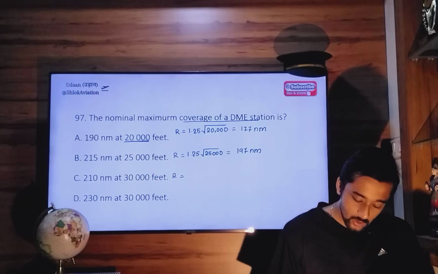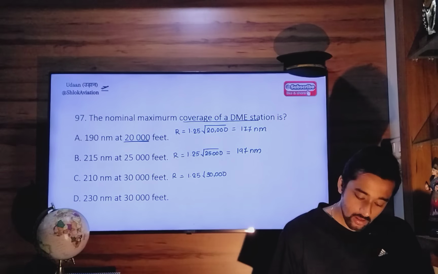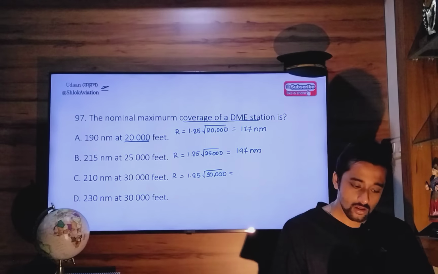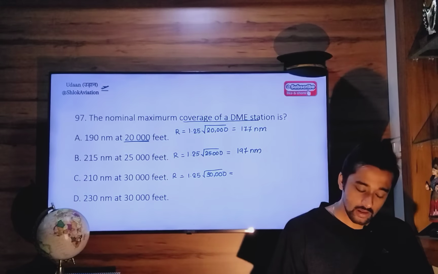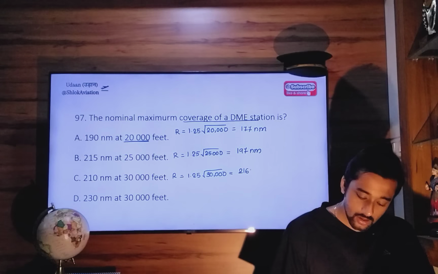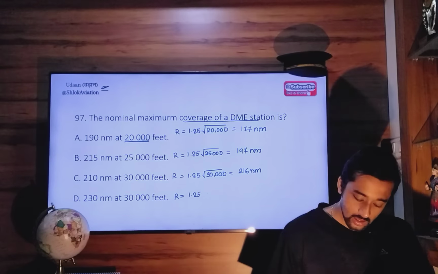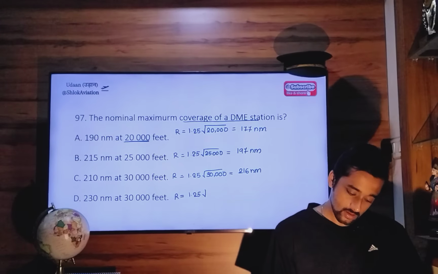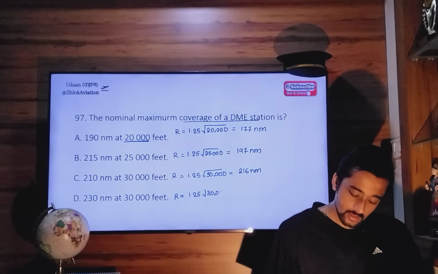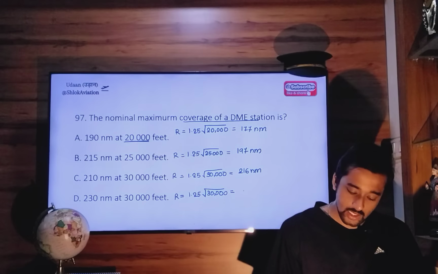Here 1.25 root of 30,000, into 1.25, 216. In this case, range should be same, 216.